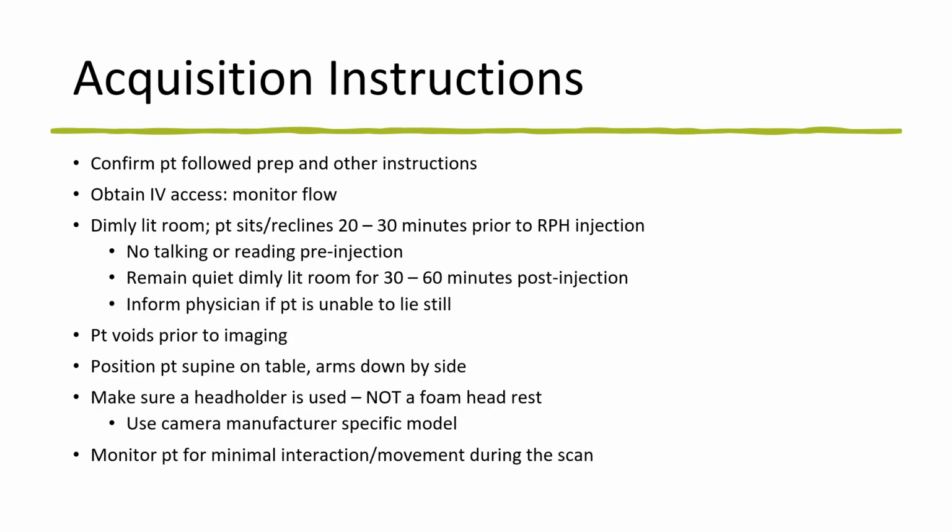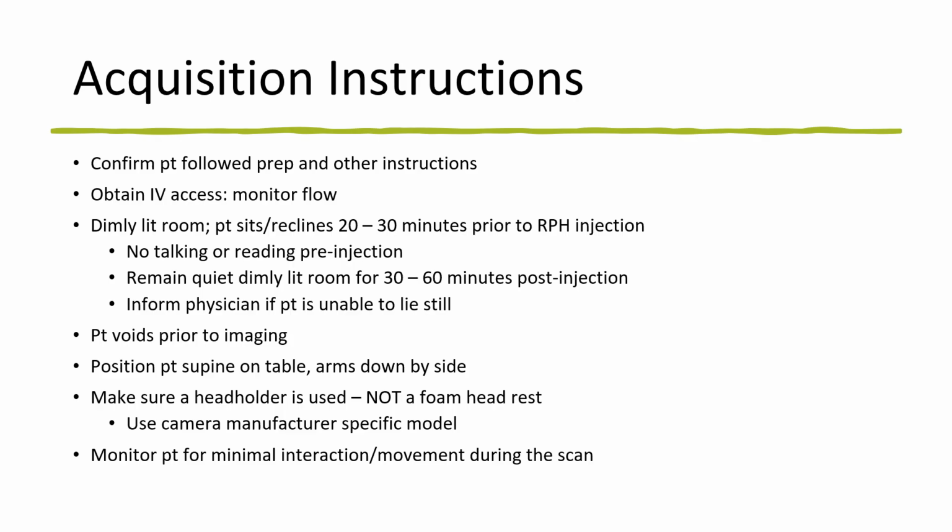For the acquisition, you want to confirm that the patient followed their prep and other instructions, obtain IV access, and monitor the flow. In a dimly lit room, you will have the patient sit or recline for about 20 to 30 minutes before you inject them.